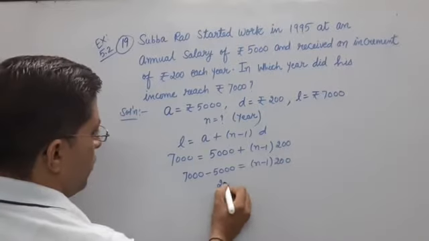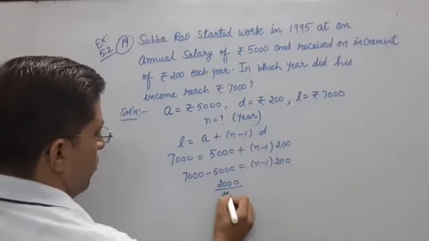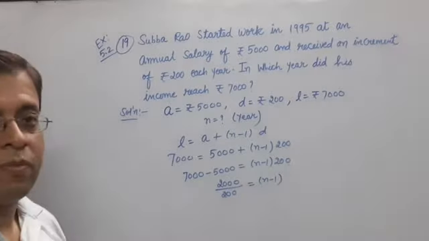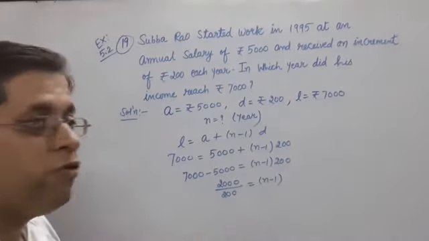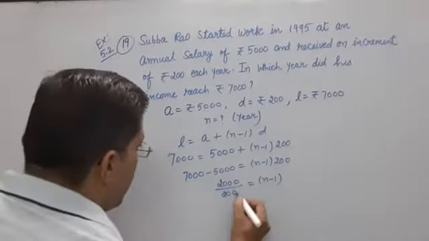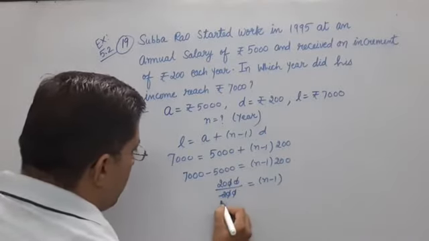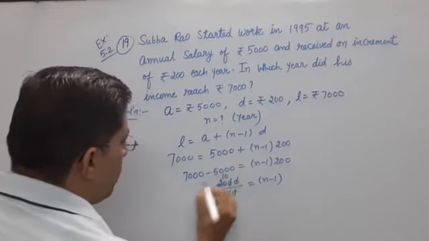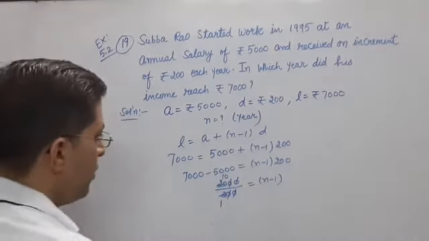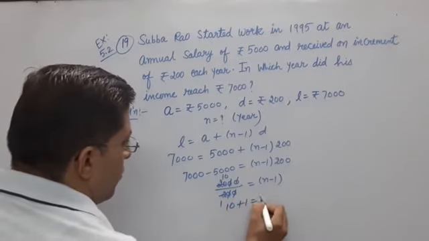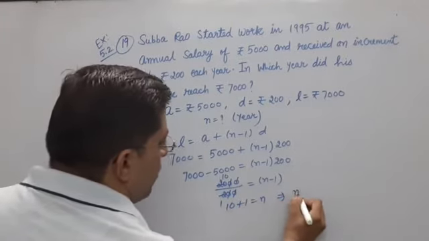This is 2,000 upon 200 equals N minus 1. Now the zeros cancel, two zeros with two zeros. 2 10s are 20, here is 10, and 1 is coming here.